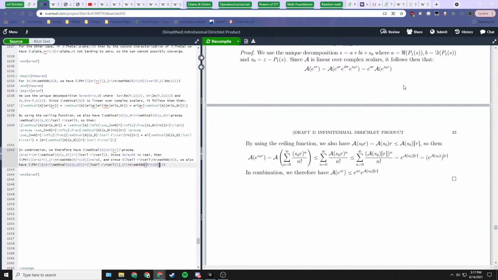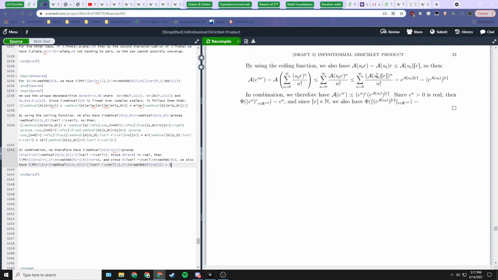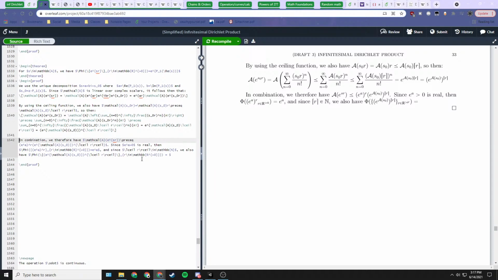Oh gosh. This is, okay. This is definitely gonna look really gross. Actually, it's not that bad. Okay. Real, then phi of this should be this, and this should be, that's fine, but we've messed up this somehow.